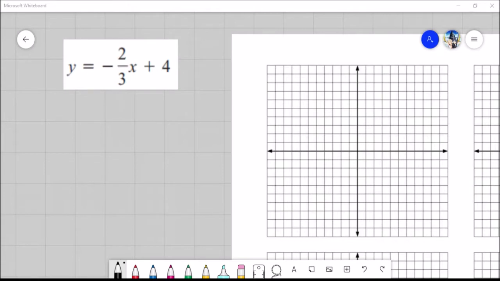With the first problem, we're starting with a standard slope-intercept form equation and learning how to graph it on the XY coordinate system. Before me, I have the equation y equals negative 2/3 x plus 4, and my sample graph sheet next to me.